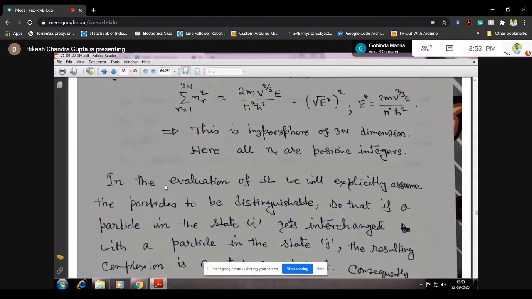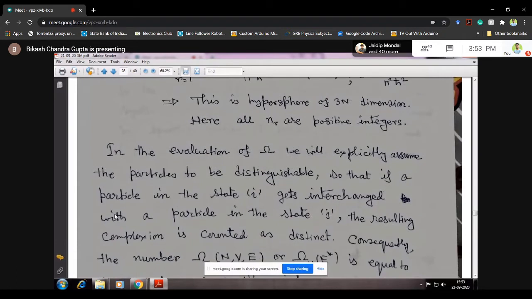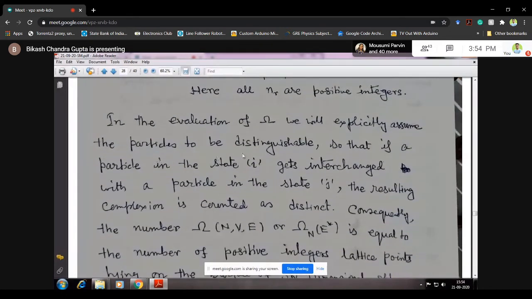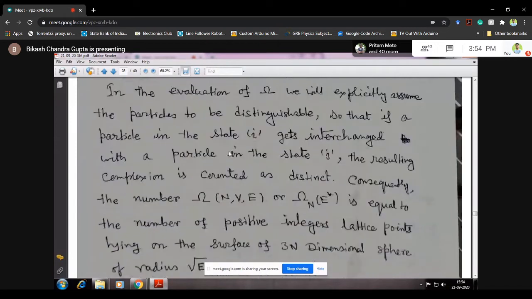Again, I am repeating the same again and again, that n's are positive integers. Now in the evaluation of omega, that is the number of microstates, we will explicitly assume the particles to be distinguishable. You know that classically you do distinguish the particles, because that is the characteristic of classical physics. So what does it mean here when we say the particles are distinguishable?